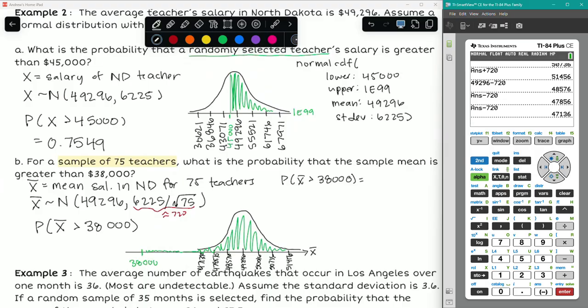We're going to go ahead and run normal CDF with our modified standard deviation to check. So our lower boundary is 38,000. Our upper boundary is positive infinity, 1E99. Our mean stays the same. We're now taking our standard deviation and dividing it by the square root of the sample size because we're looking at a sampling distribution.